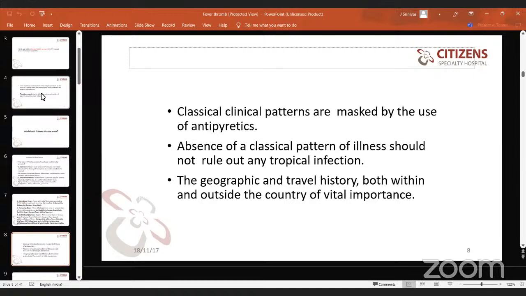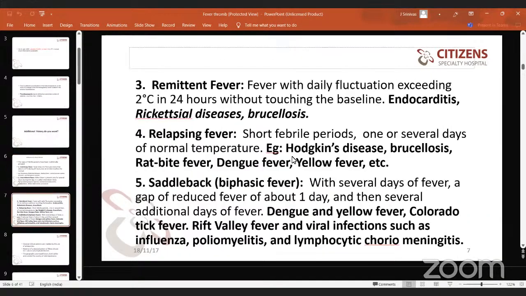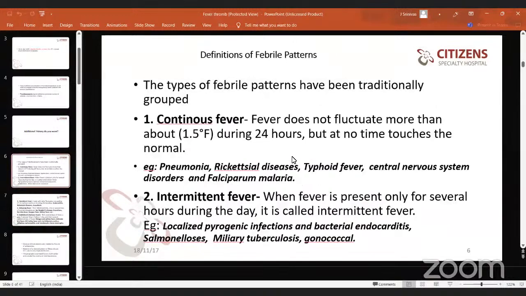Sir, this is our classical teaching, but it is not necessary that it will definitely present as a continuous fever. Like in malaria, the patient can have a continuous fever, and can have low grade fluctuations.